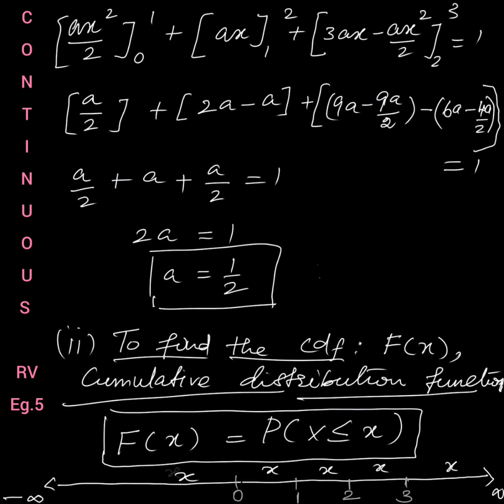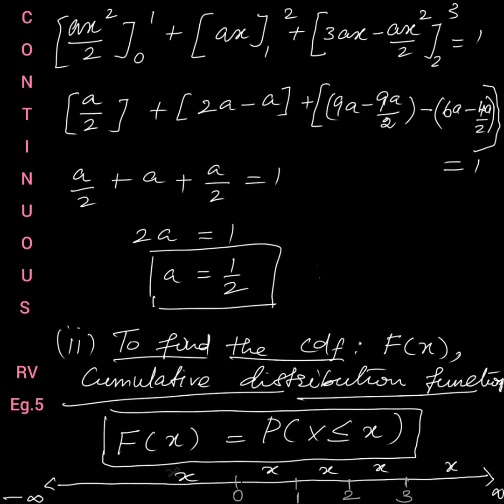After integrating, we'll get ax square by 2, corresponding limit is 0 to 1. Then a becomes ax from limit 1 to 2. 3a minus ax becomes 3ax minus ax square by 2 from the limit 2 to 3. So with these respective limits, right side is 1, evaluating we get a as 1/2.